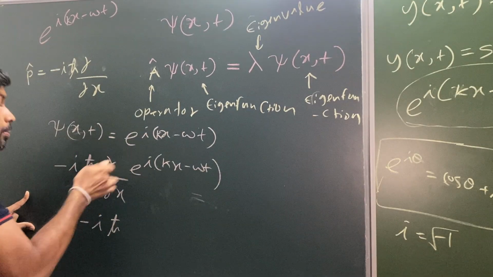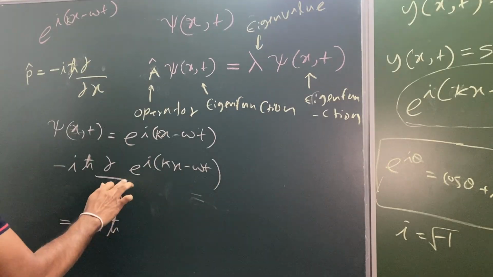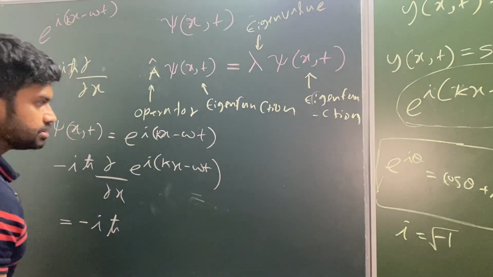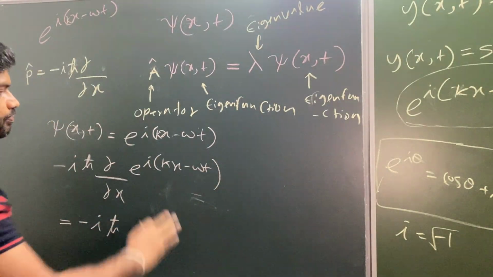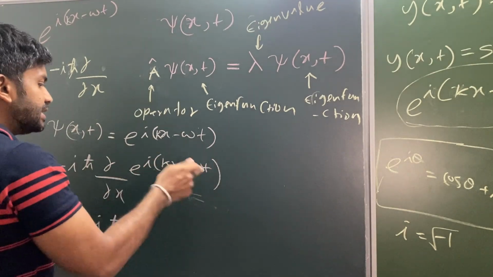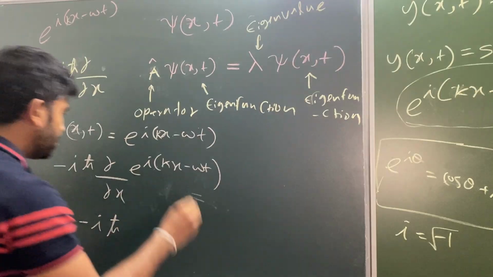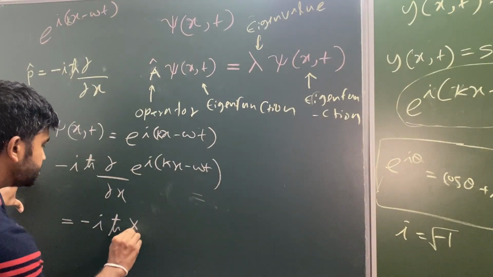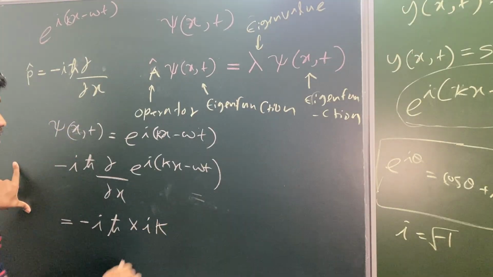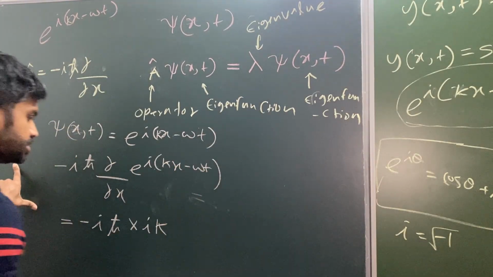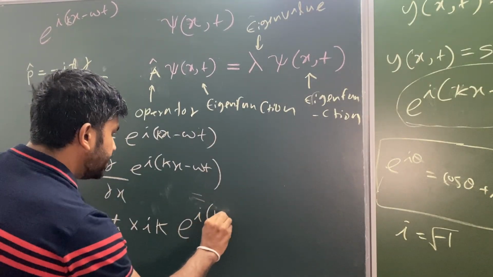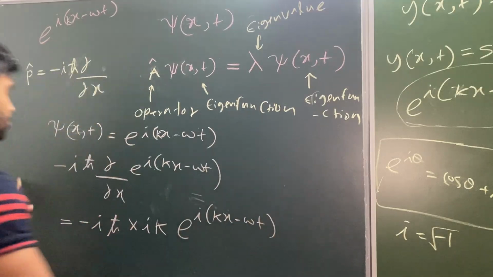And now the dabba forces you to take x as a variable and t as a constant. Though t changes over time, here we treat it as a constant. So what we end up with is times i times k, and again when you get the first derivative of this function, again exponential i kx minus omega t, right?